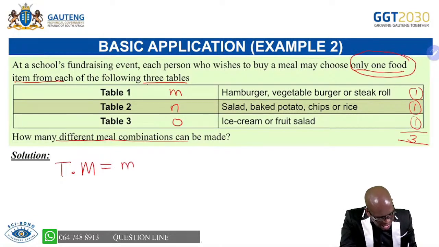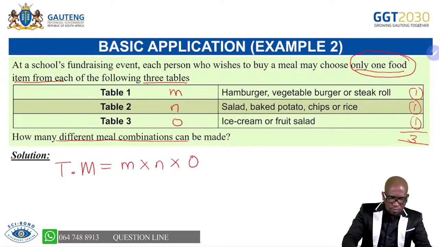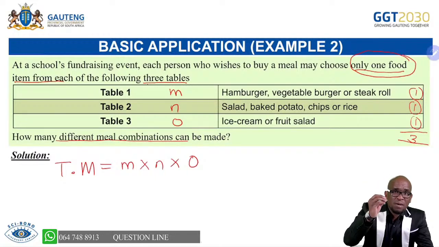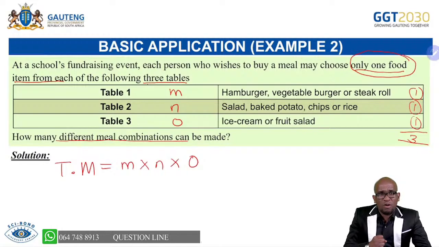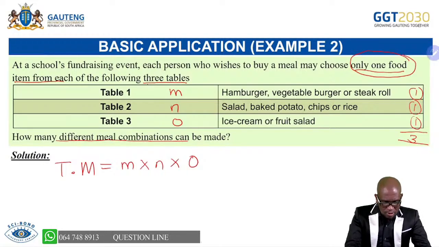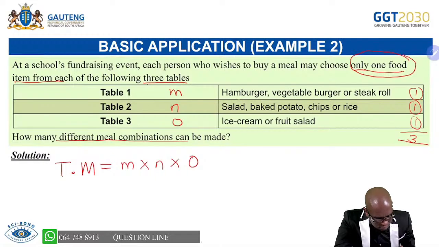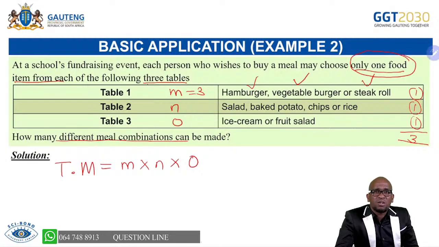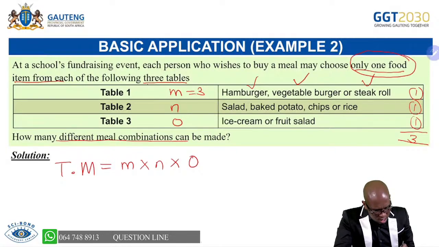Should be given by M times N times what? Times O. Because we have M ways of choosing from table 1, N ways of choosing from table 2, O ways of choosing from table 3. Now let's check here. From table 1, 1, 2, 3, you have how many? You have 3 options or choices.